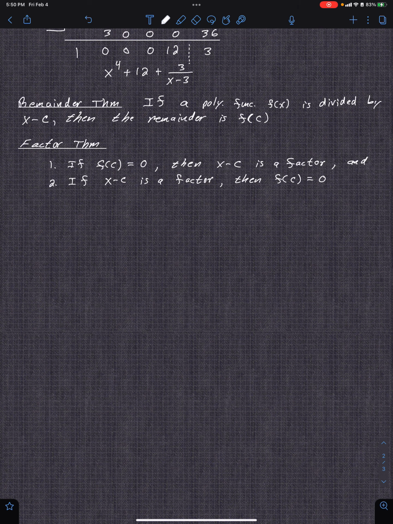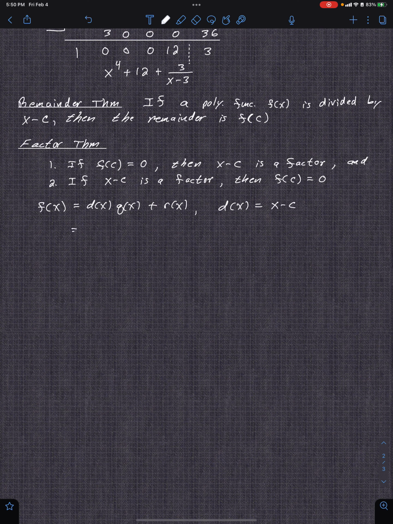So check out what happens. It's really to do with this form. We have f of x equal to d of x times q of x plus r of x, the remainder. And we have that d of x is equal to x minus c.